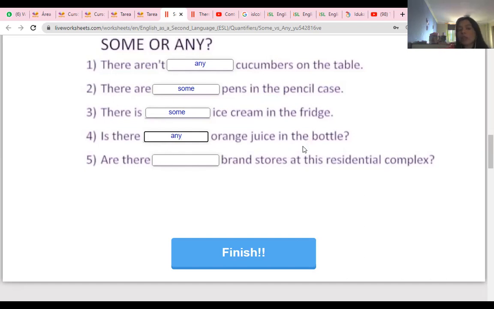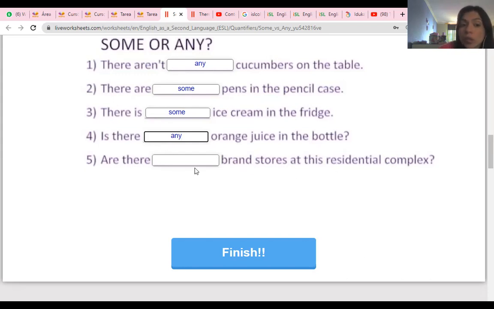Aquí, para las preguntas ya no decimos algo, ¿no? Entonces aquí en las preguntas, any es para decir, ¿hay algo de jugo en la botella? Entonces ahí vamos a responder. Yes, there is, or no, there isn't. Are there any brand stores at this residential complex?